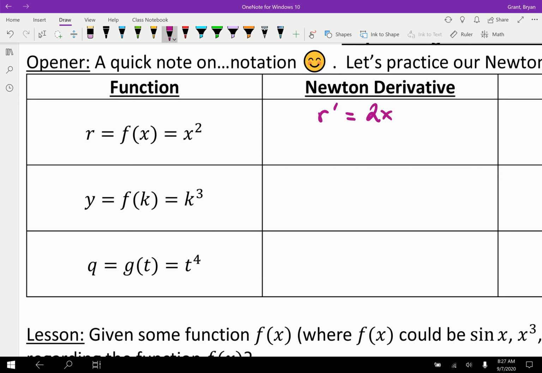I think that's just 2x, right? You could say that f prime of x is equal to 2x. Both of those are fine. You could even say that r prime equals f prime of x, which equals 2x. That's totally okay too. If it's in function notation, we keep the of x. If it's not in function notation, if it's just input output, it's usually written like that.